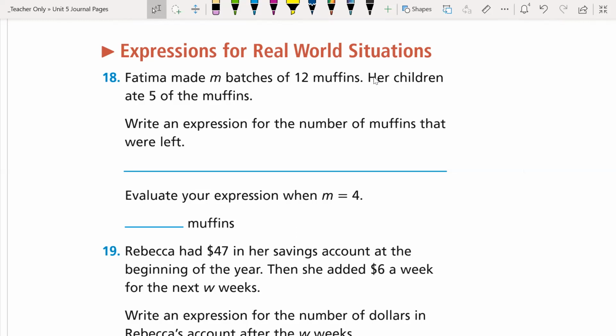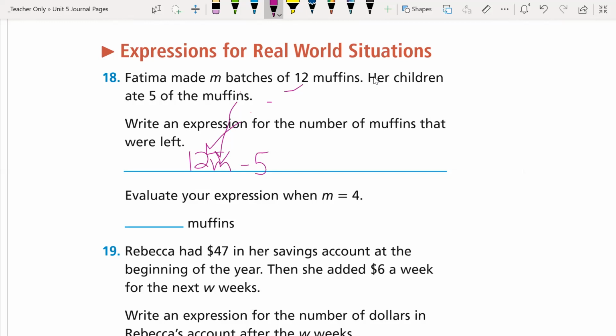So we don't know how many batches, but we do know how many is in each batch, right? And if they ate 5, well, then the equation would be pretty straightforward. It would be 12 times M minus 5. Because they had 12 muffins. We don't know how many total that is, right?